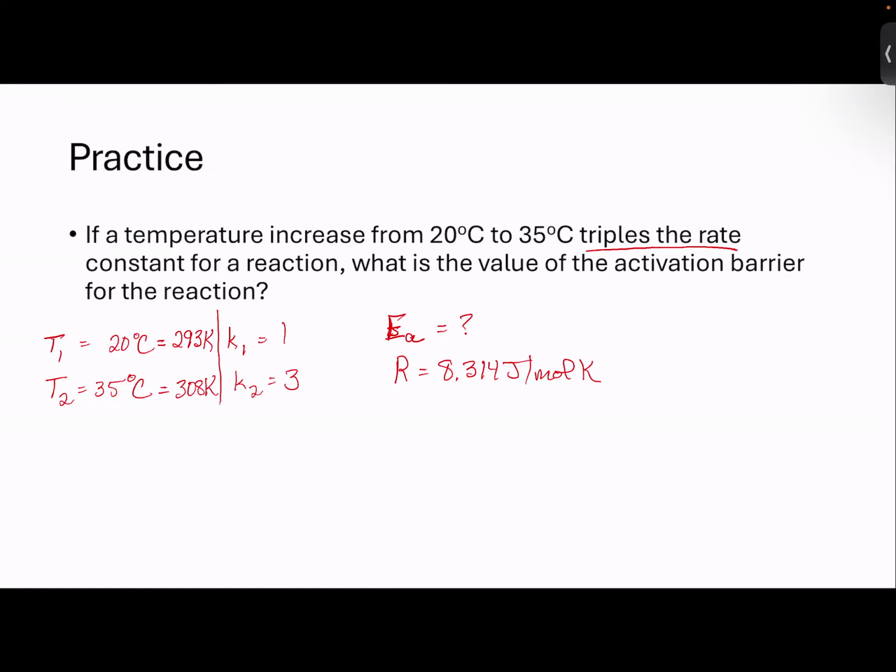So using this information, we would have the natural log of K2 over K1 is equal to negative E sub A over R times 1 over T2 minus 1 over T1.